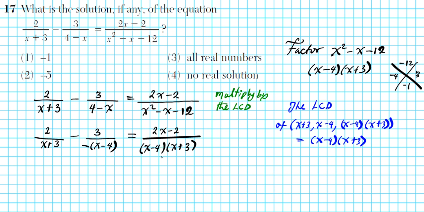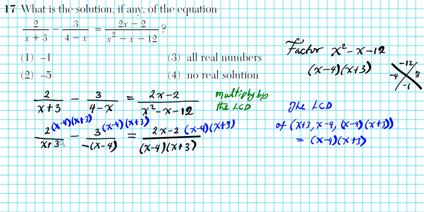Okay, just the product of the factors. So we're going to multiply every single term by that LCD. The result is the elimination of the denominator quantities. So multiply this by x minus 4 times x plus 3. This one times x minus 4 times x plus 3.